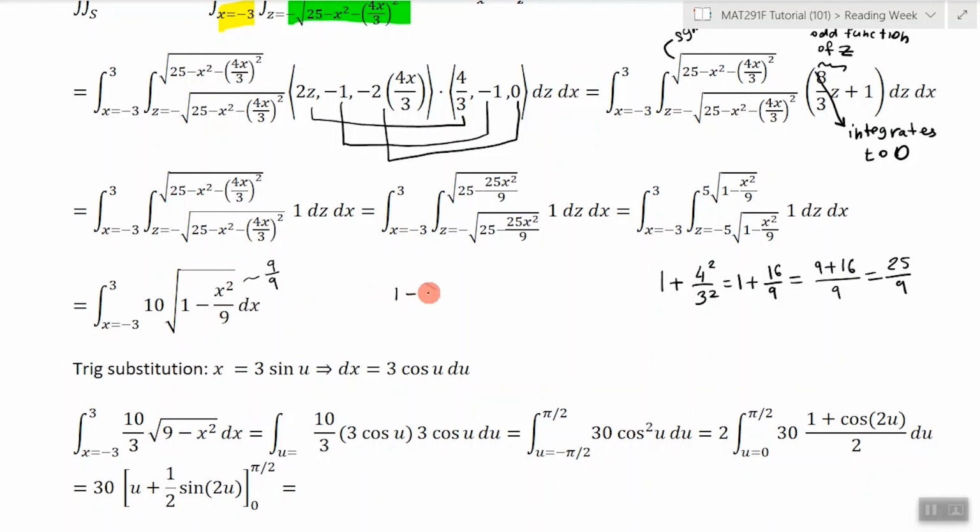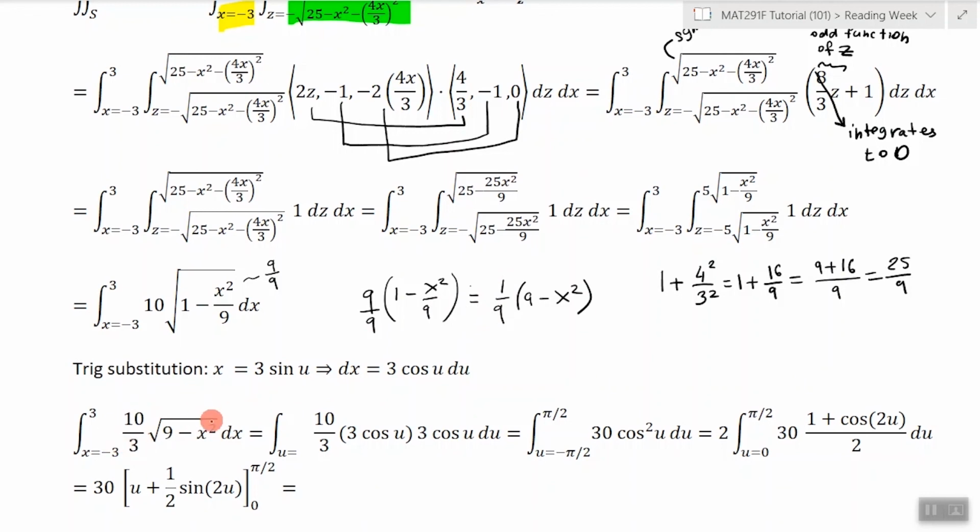So 1 minus x squared over 9, when I multiply it by 9 and divide by 9, I would write one of the 9s here and one of the 9s like this. I would get 1 over 9, and then this 9 would go here, and I'll get this. So this is how I got this guy over here, and this 1 over 9 after square rooting became 1 over 3, so it's shown right here.